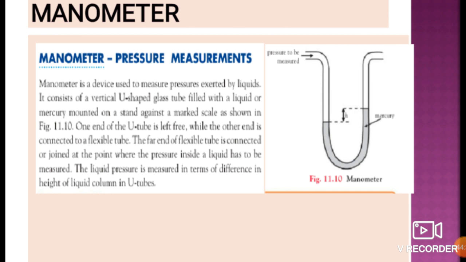And its construction: it consists of a U-shaped glass tube filled with any kind of liquid, that may be mercury or kerosene, mounted on a stand with equal markings. By the difference in the height of the liquid column, we can measure the liquid pressure with the help of this manometer. So you have to just remember the construction and where it is used.